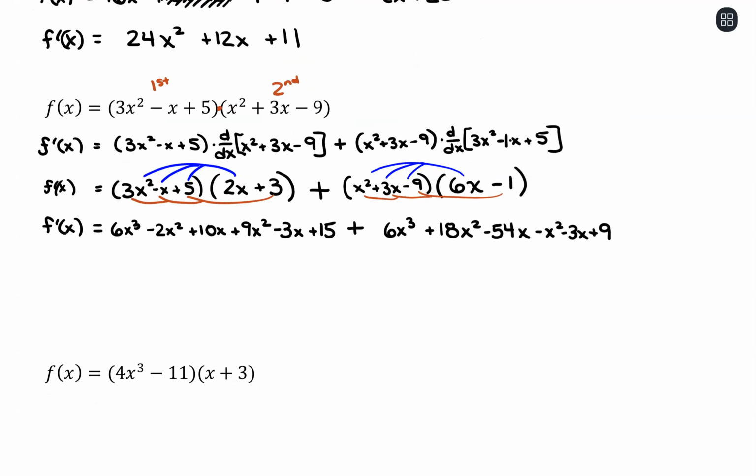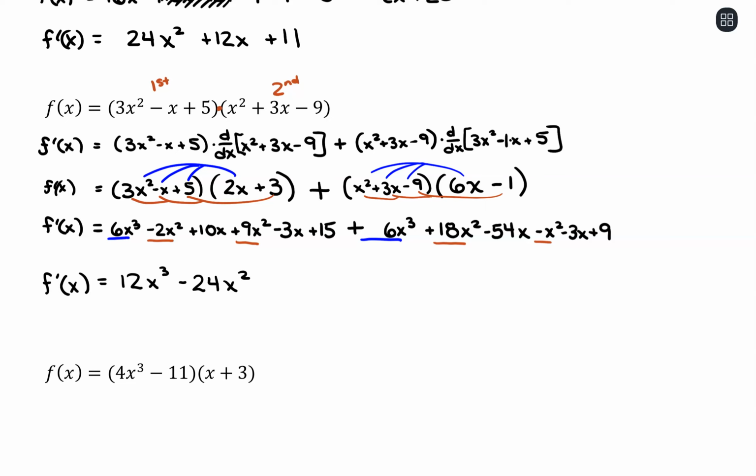And now it's the hunt for like terms. So I'm going to look at cubes first. So I have 6x cubed plus 6x cubed. So that's a 12x cubed. Let's look for x squared. Negative 2 plus 9 is 7. Plus 18 is 25. Minus 1 for 24. Minus 24x squared.